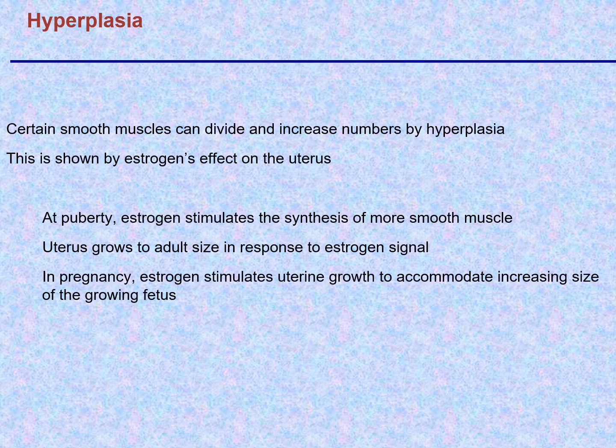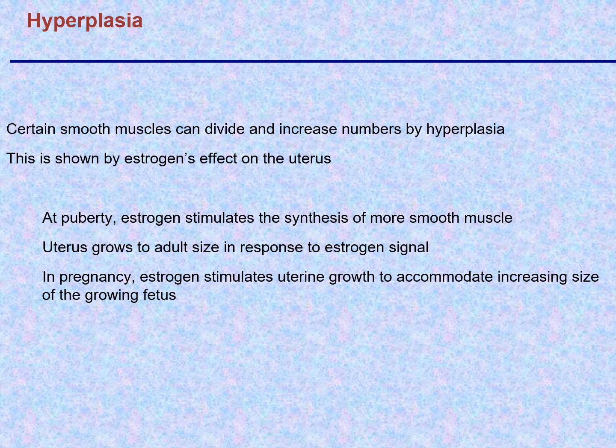Now, smooth muscle can, in fact, divide, and that's actually quite an important adaptation that it has, and in some disease processes is quite an important feature of smooth muscle, contributing to the disease process.